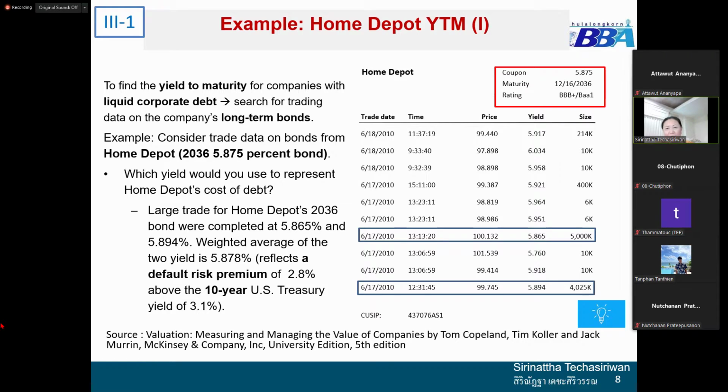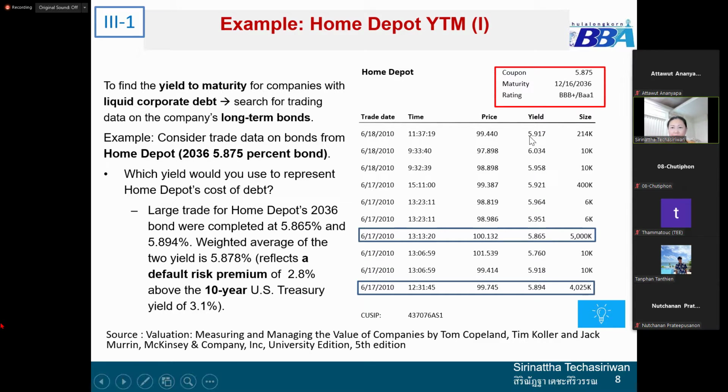Again, in valuation, in finance, there is no rule of thumb, right? You need to use judgment. So when I say that we use the yield to maturity to reflect the cost of debt, it automatically assumes that we believe the market is efficient, right?